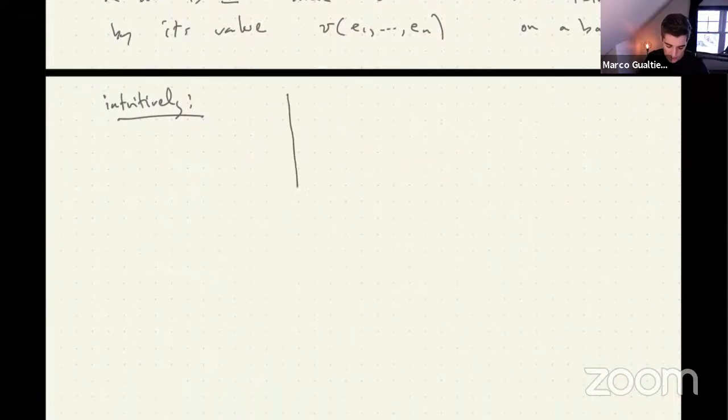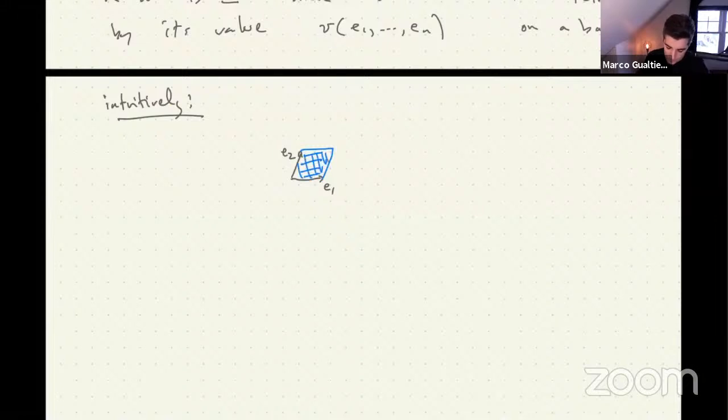that if I give you a basis, E1, E2, and if the area is A, right? Then I could ask, well, okay, what value does the volume have on V1, let's say W1, W2?